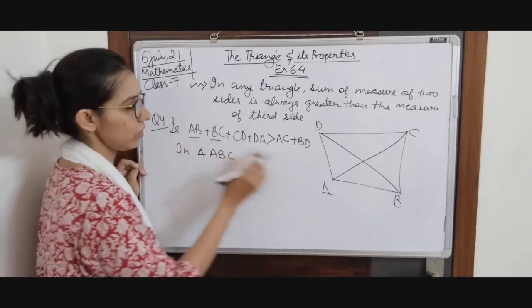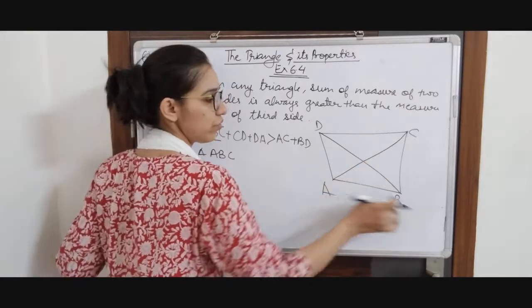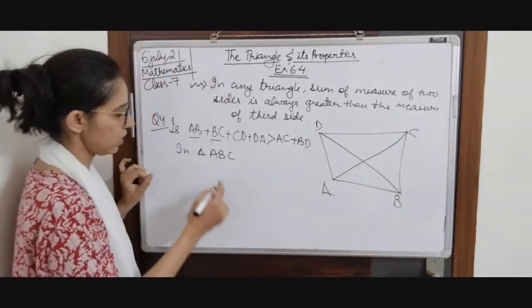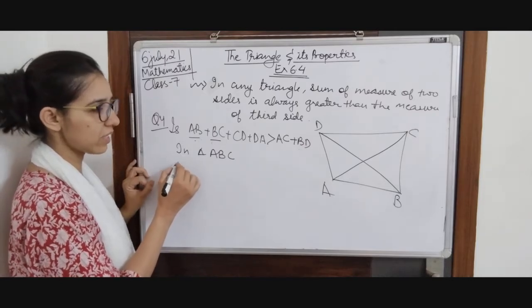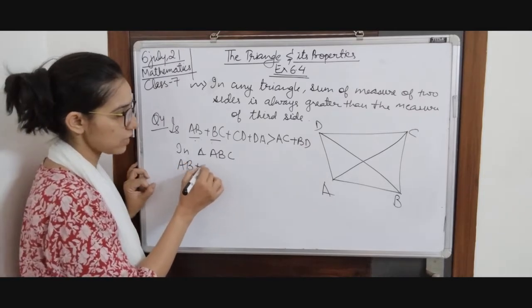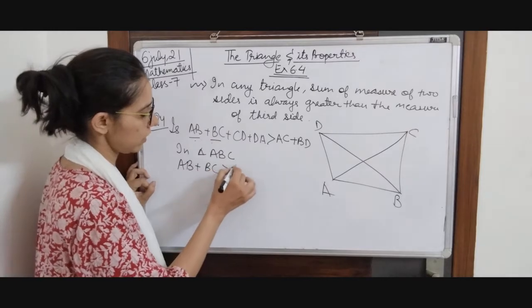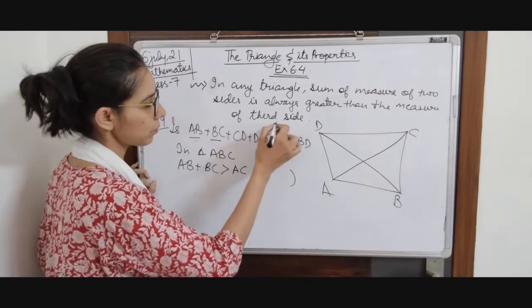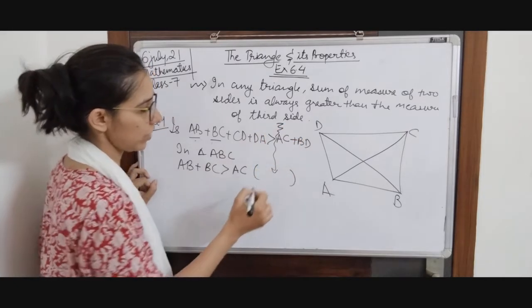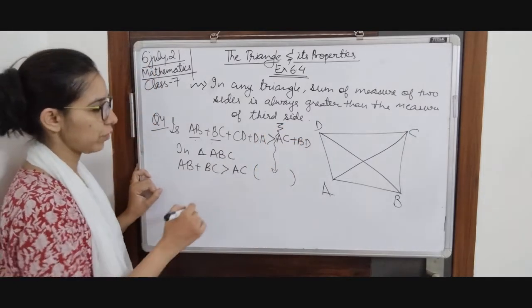So AB and BC are sides of this triangle. So in this triangle, sum of two sides is greater than third side. It means AB plus BC is going to be greater than AC, okay? The reason you will write this, the sum of two sides is greater than third side. I am skipping for now.